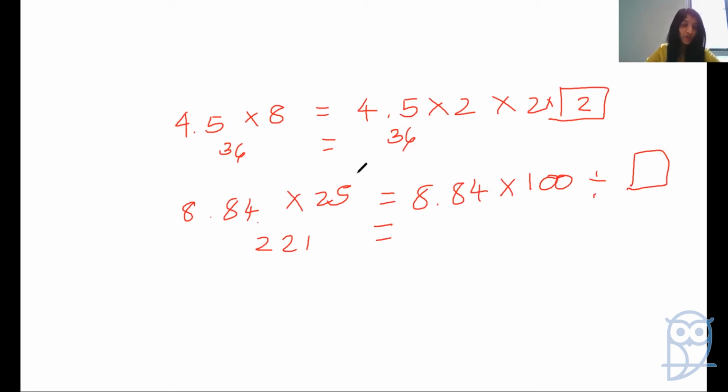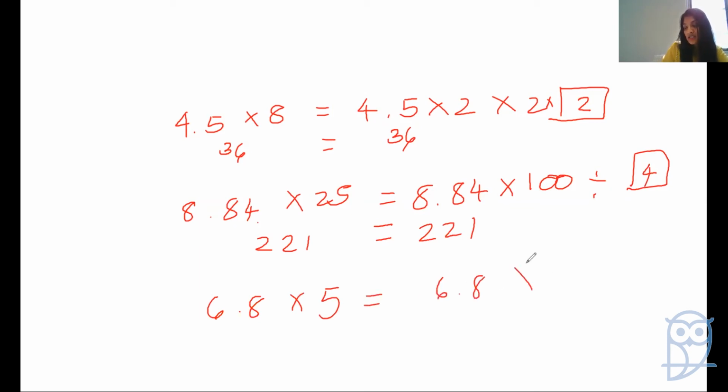So how many times can 25 go into 100? The answer is 4. So we know that 8.84 multiplied by 100 divided by 4 is going to give us 221.